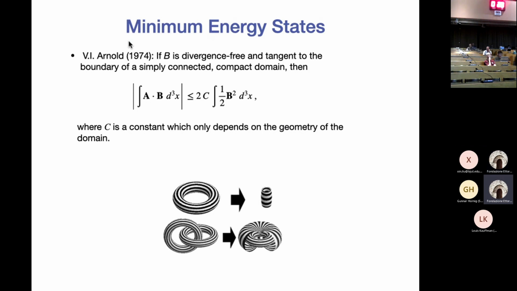To give you an idea how this can be applied, the helicity is invariant under ideal relaxation, so under diffeomorphism, if you want. If I have a flux ring which has zero helicity, so not twisted in any way, then this left-hand side is zero.